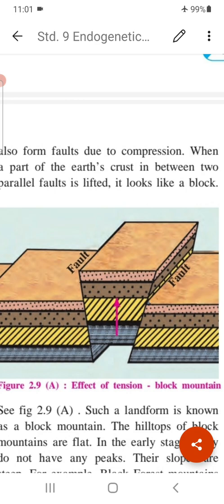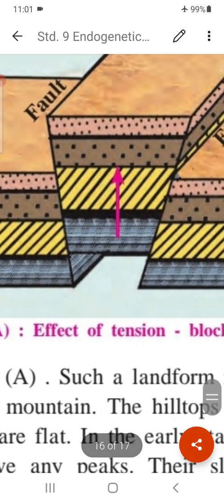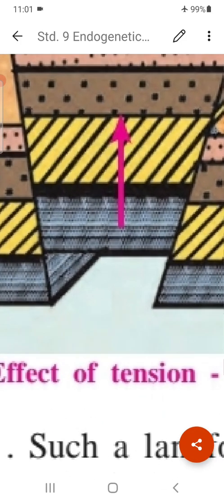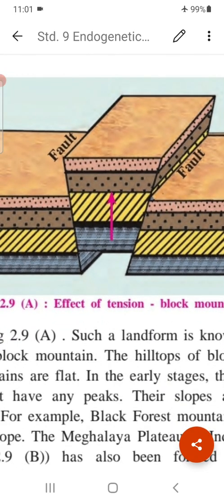When a part of the earth's crust in between two parallel faults is lifted, it looks like a block. Same way here. Can you see some space down over there? So whenever a part of the earth's crust layer is in between two parallel faults, there are two parallel faults.